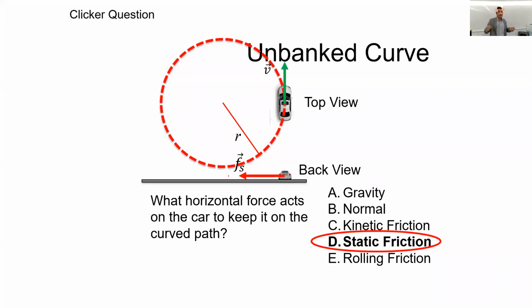It could be a string, a mallet, someone hitting you from the side, or static friction. But if it wasn't for static friction, if you had a perfectly icy road, you would just go on a straight line and end up in the ditch. So you need static friction between the road and the tires in order to keep yourself on that path.